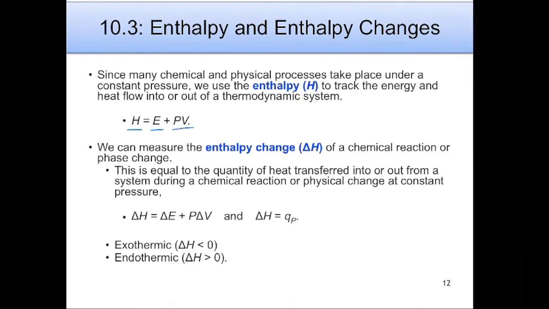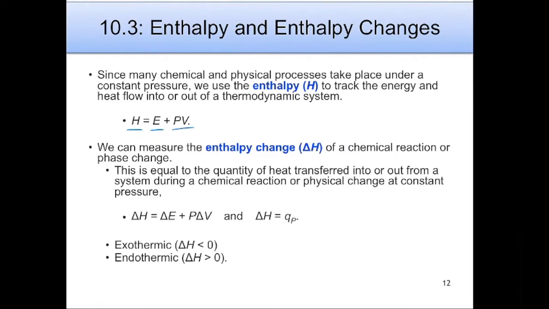So we can't really measure enthalpy alone. What we would do is measure a change in enthalpy of a chemical reaction or a physical change. So the enthalpy change is equal to the amount of heat transferred into or out of a system during the reaction or physical change. Again, it has to be at a constant pressure.